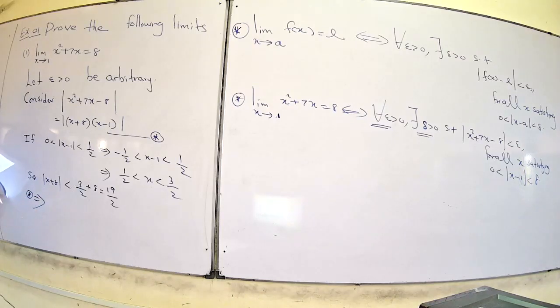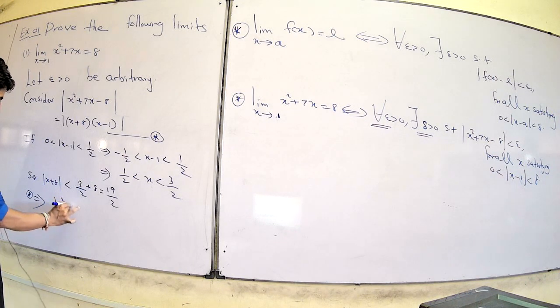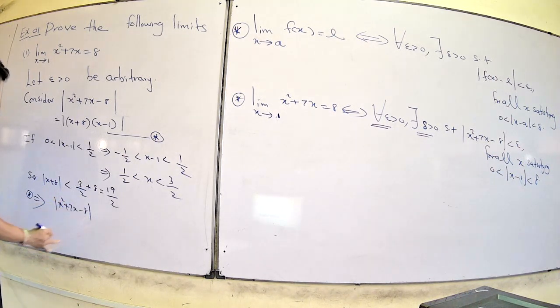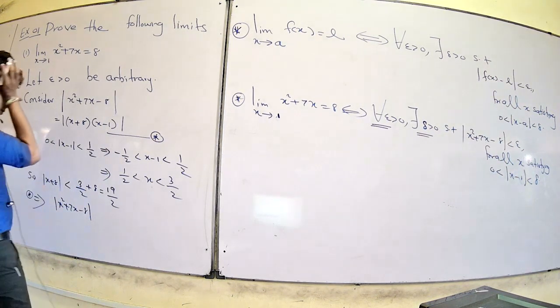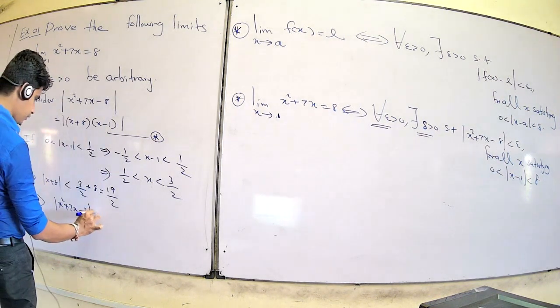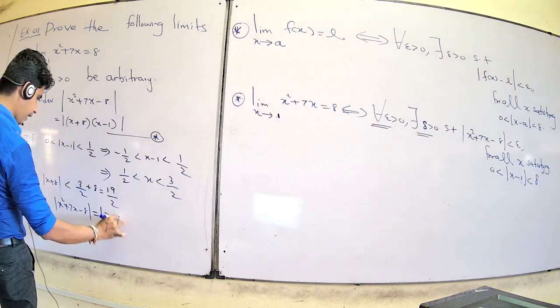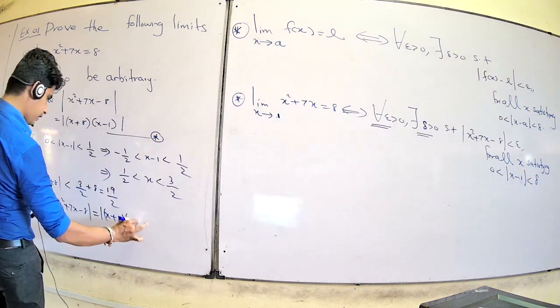Now you will consider here again this star. Star implies x squared plus 7x minus 8. This one is already factorized: x plus 8 times x minus 1.